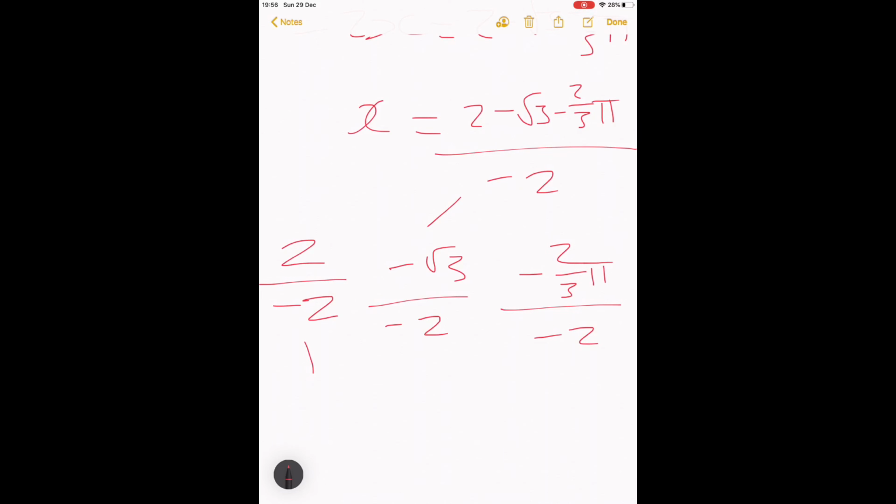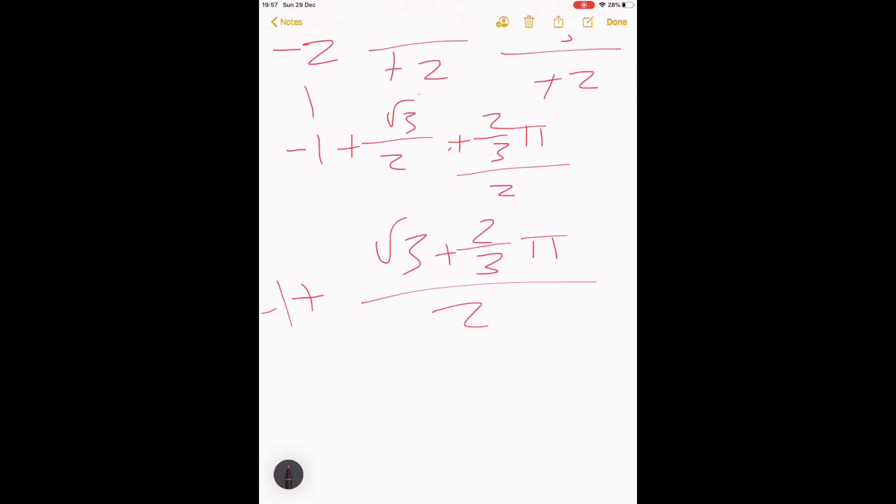So 2 over minus 2 is minus 1. Minus root 3 over minus 2 is root 3 over 2. And the minus signs cancel out here, so plus 2 over 3 pi over 2.